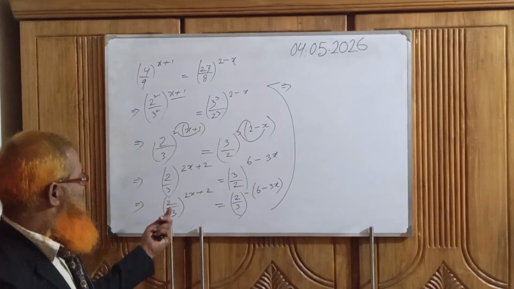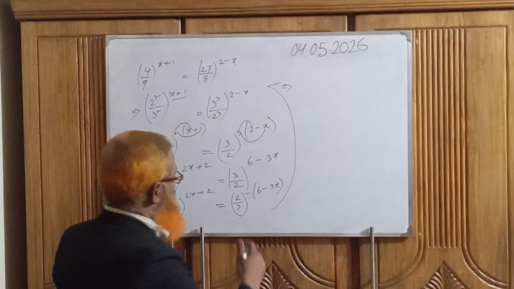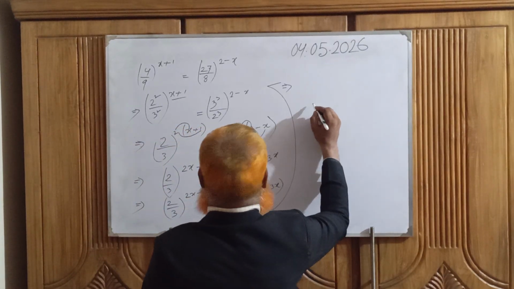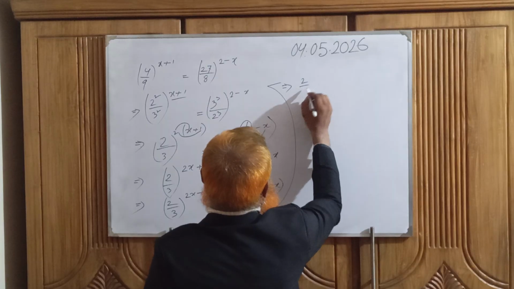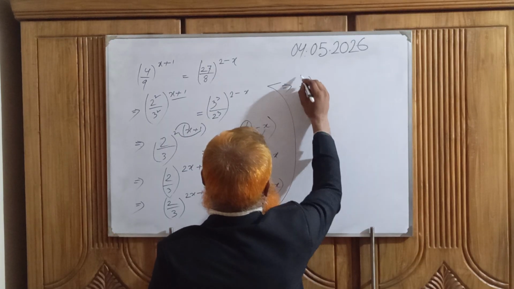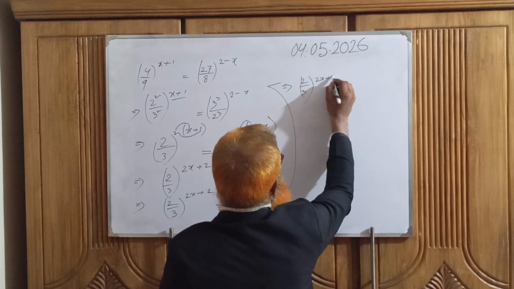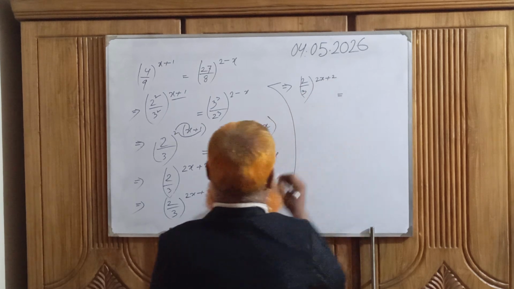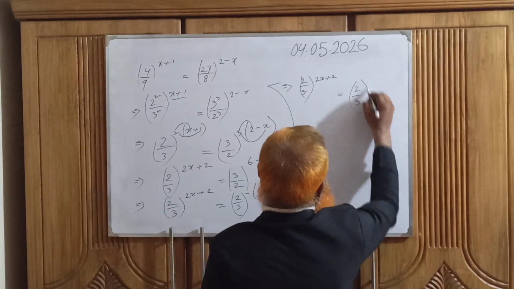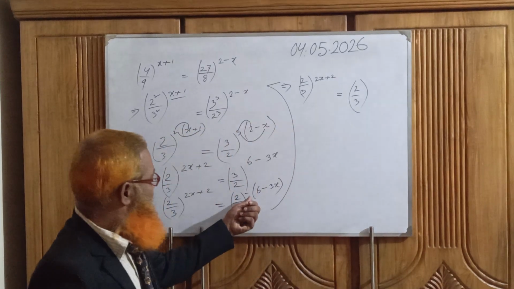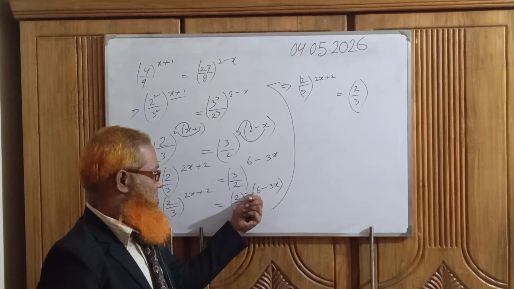Now we notice that this base and this base are the same. 2 by 3 power of 2x plus 2 equal to 2 by 3, minus and here plus.